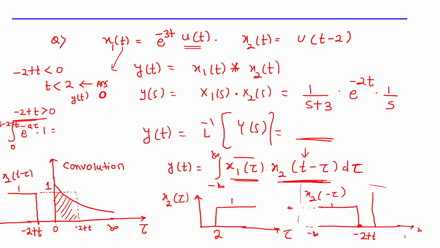It is not always the case that you have only one input, because you have multi input multi output systems in control systems. So let's say two inputs are there and they are combined in some way, like e to the minus 3t u of t multiplied with u of t minus 2. How do you find the output of this multi input system? These convolution properties help you find it. There are lots of practical examples if you go for multi input systems, where two systems are combined to get the output. It's like that.